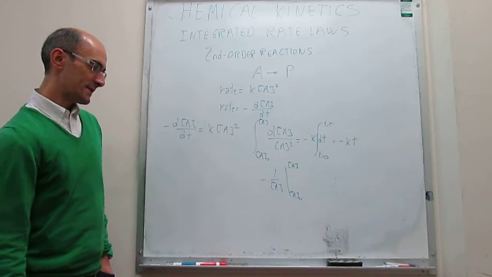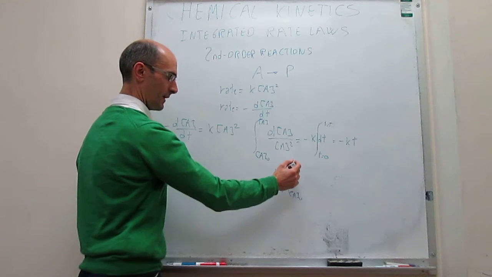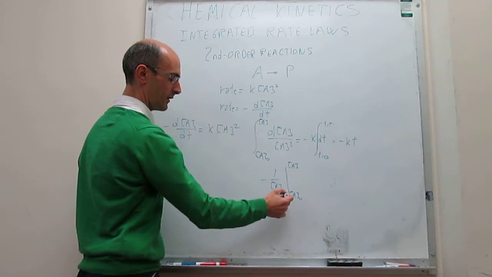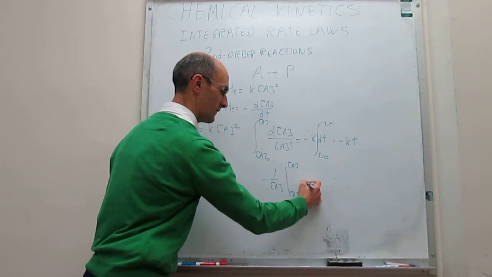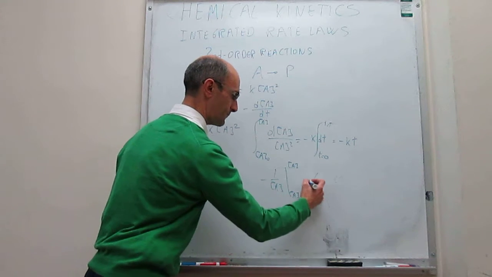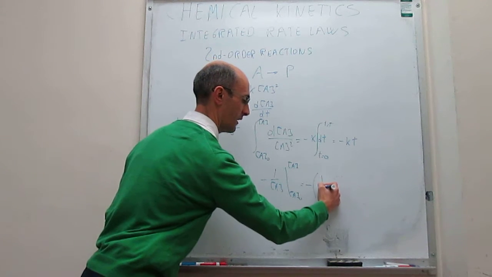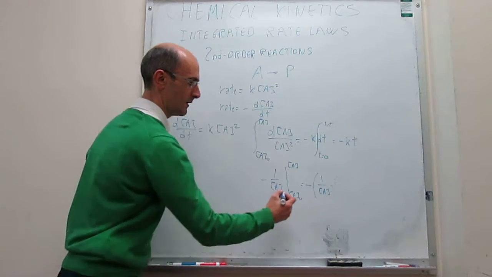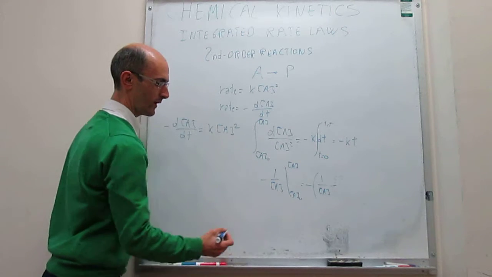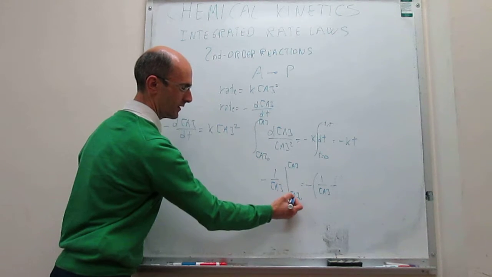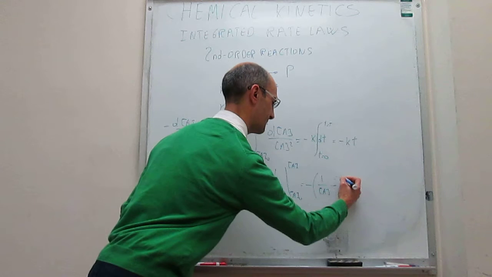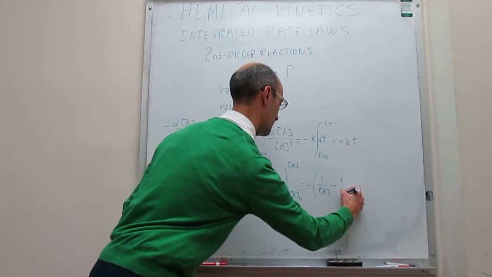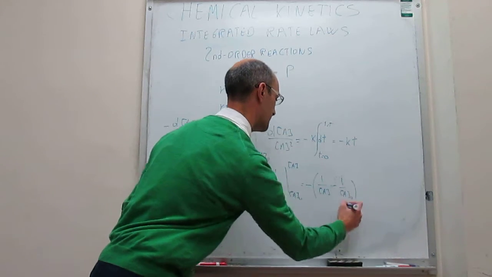Again, to evaluate these limits, we simply plug this value into this function and subtract whatever happens when we plug that value into the function. So this is equal to minus 1 over the concentration of A, and then we subtract whatever happens when we plug 1 over A naught in that function, minus 1 over the concentration of A naught.